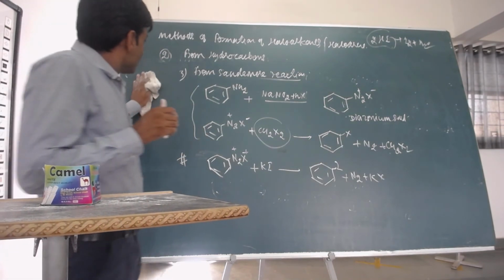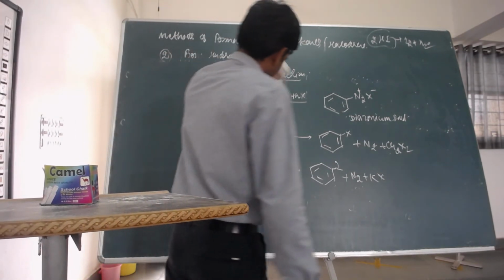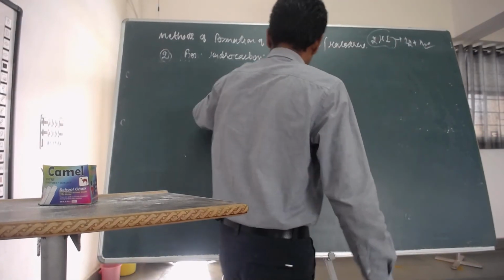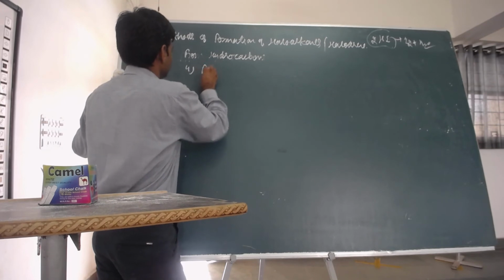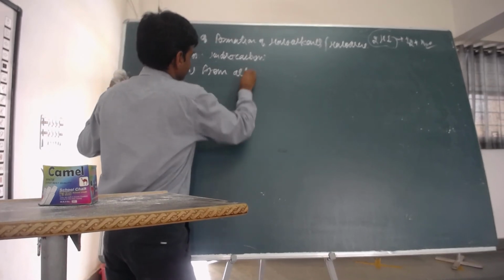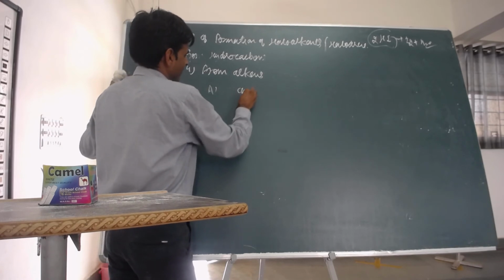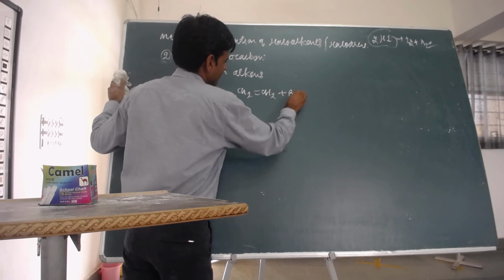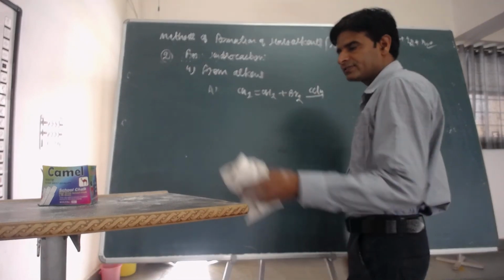And for example, from alkenes. Simple, when ethene is treated with Br2 in the presence of carbon tetrachloride.